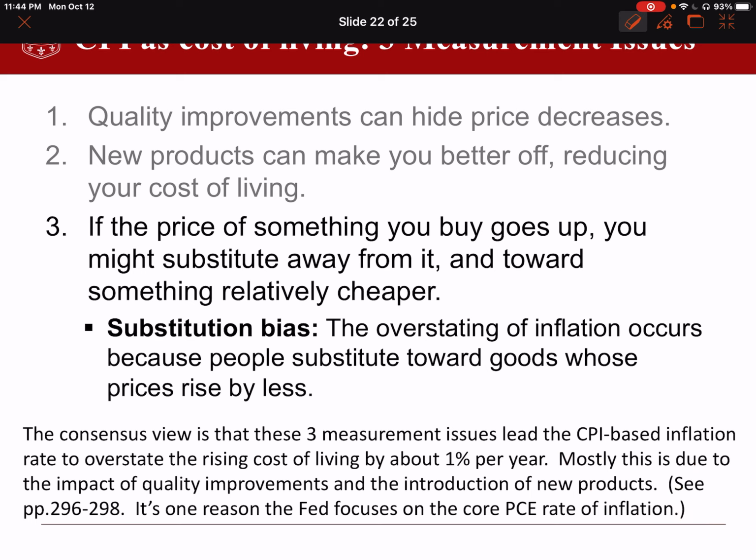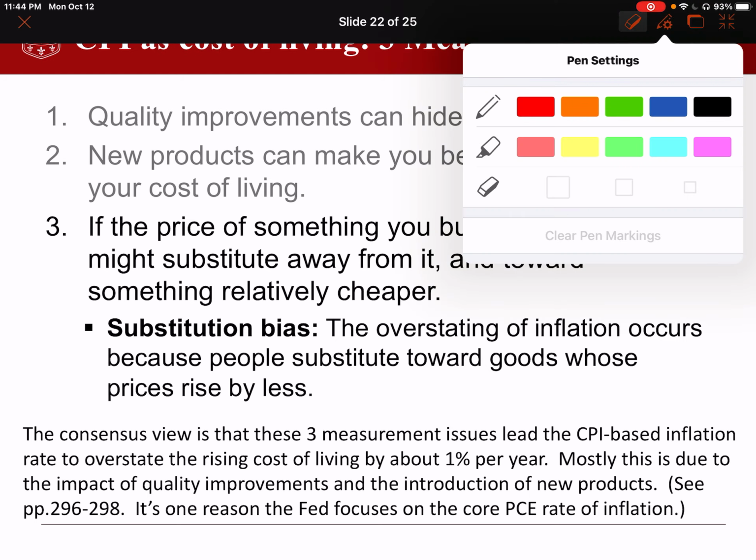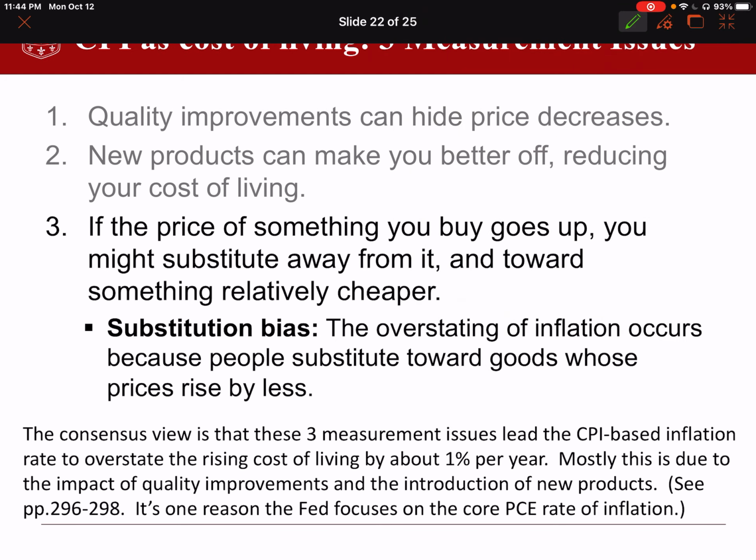We have that as a generalization, the best estimates that exist are showing that the CPI-based rate of inflation tends to overstate the actual cost of living that a typical household faces by about 1% per year. And again, these are just really gross estimates of what's happening because who defines a typical household?